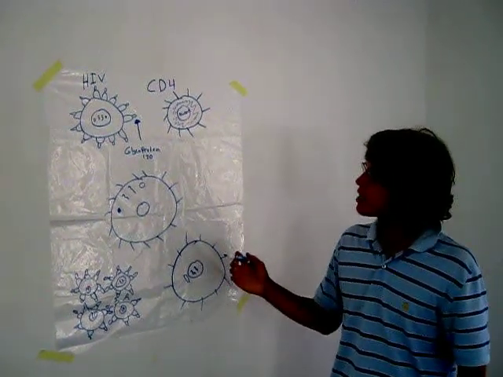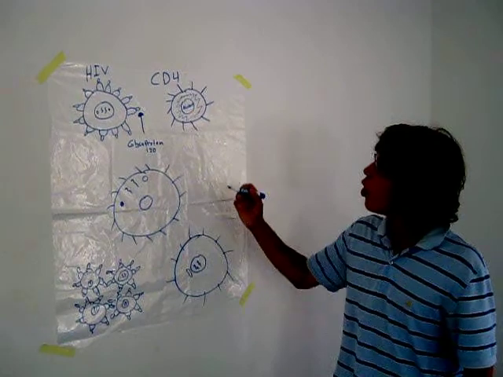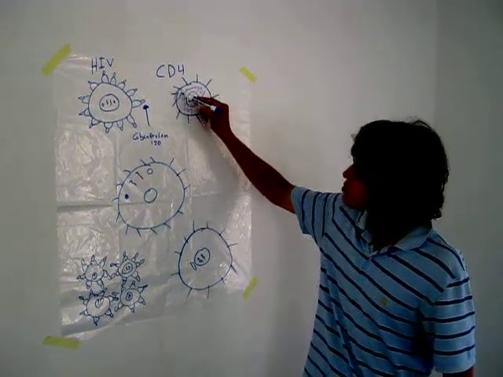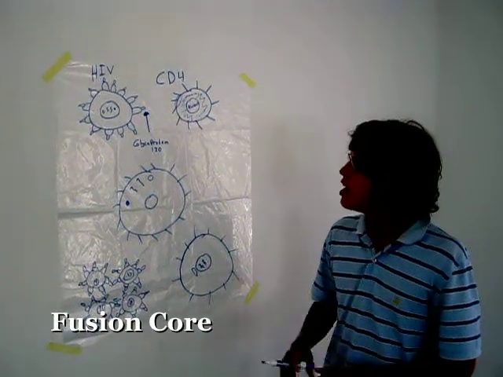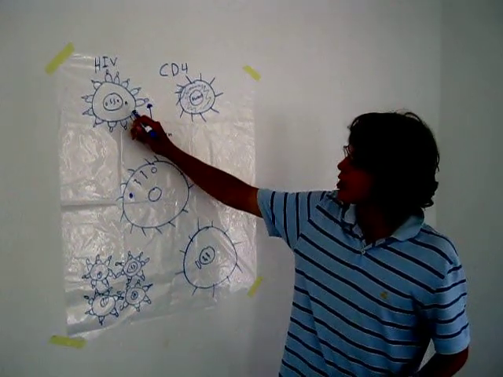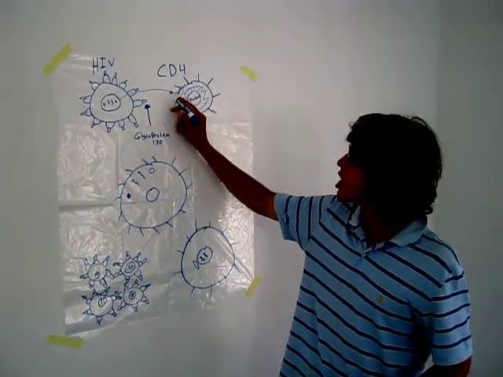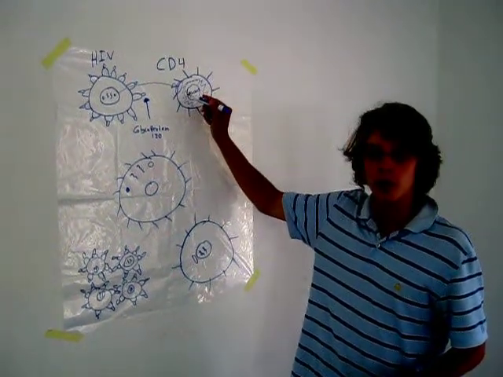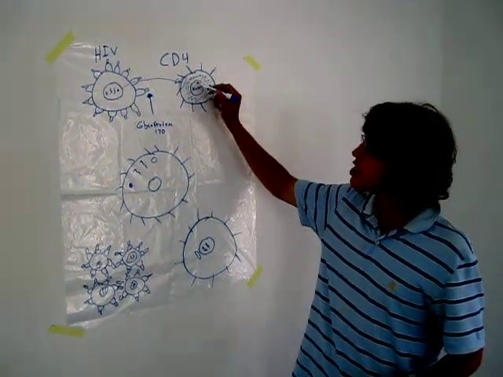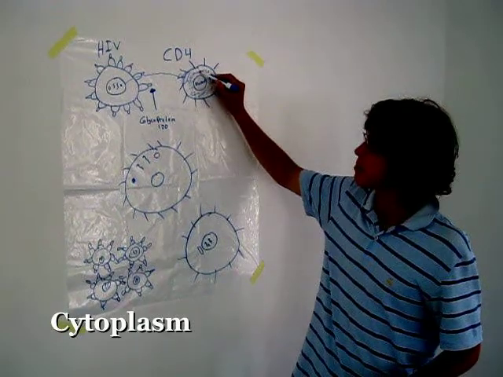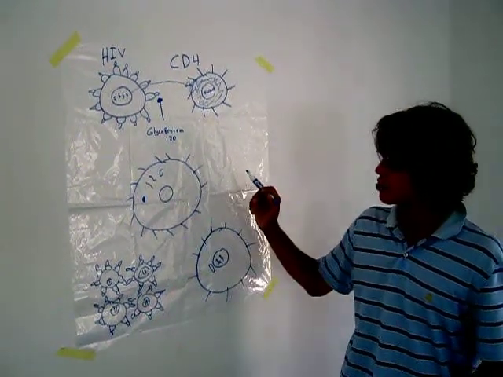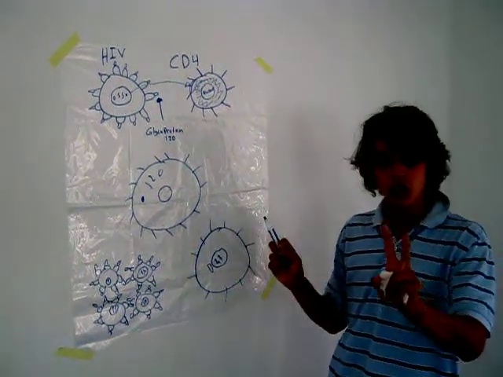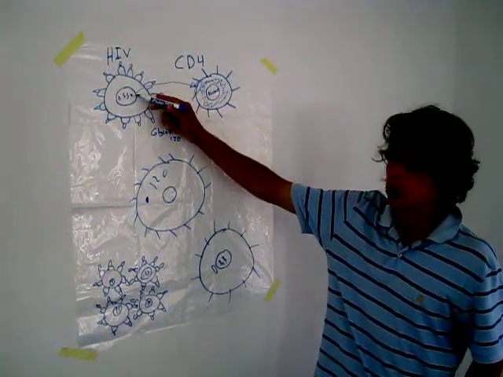Now, when this lock and key combo occurs, a hole actually develops in the CD4 cell, called the fusion core, and the inner viral core actually injects itself through the fusion core into the host CD4 cell's cytoplasm.